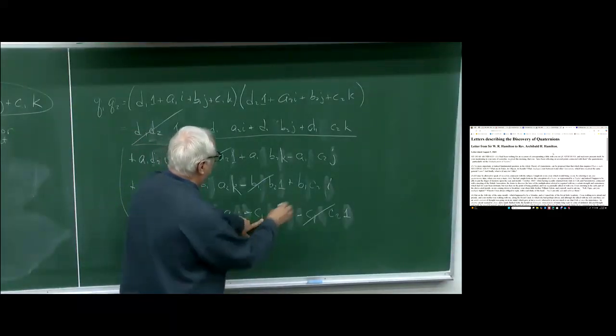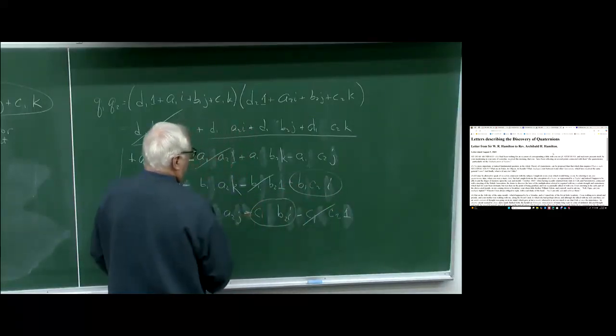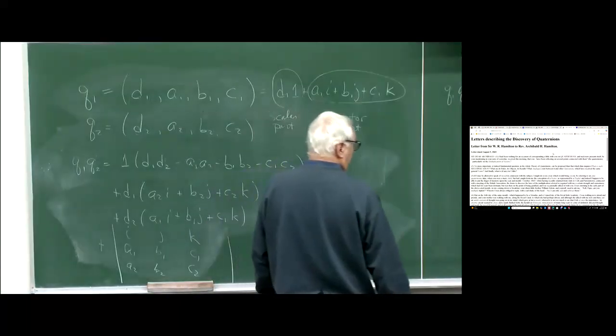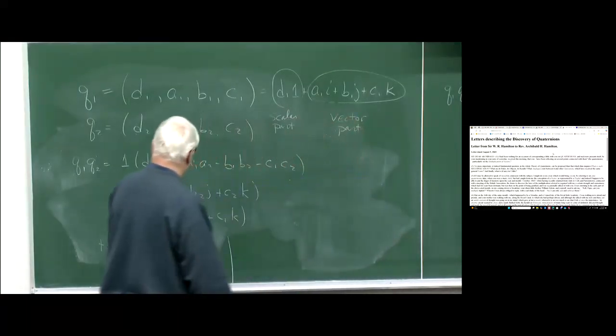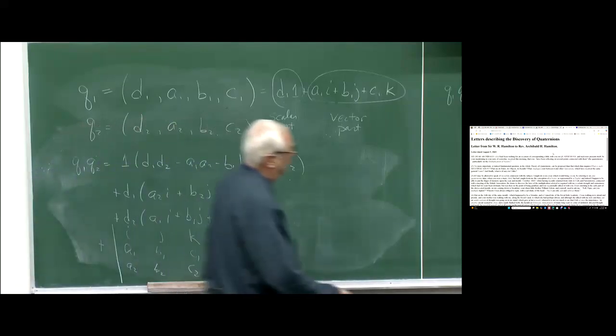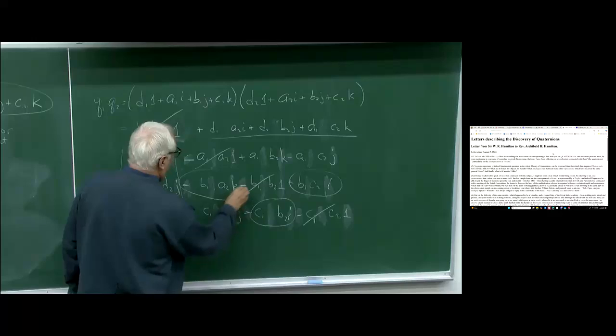There's an i, yeah. Yep, B1, C2 minus, yep. Okay, and then let's do the k. k times A1, B2 minus A2, B1. Here's the minus A2, B1.